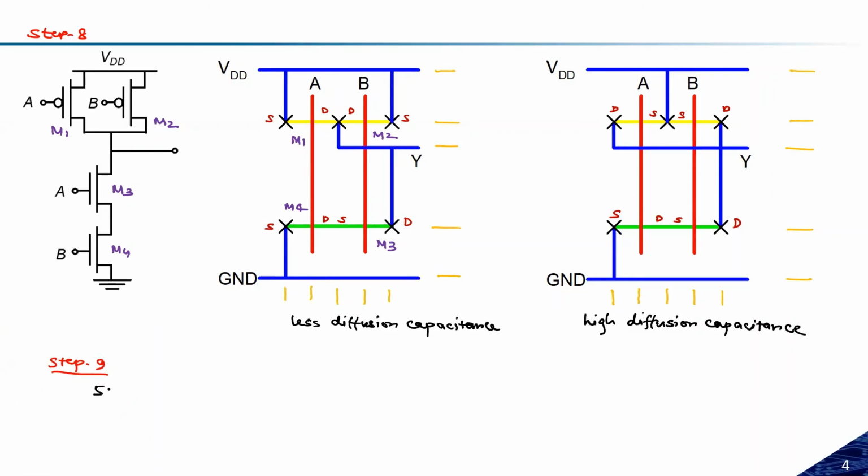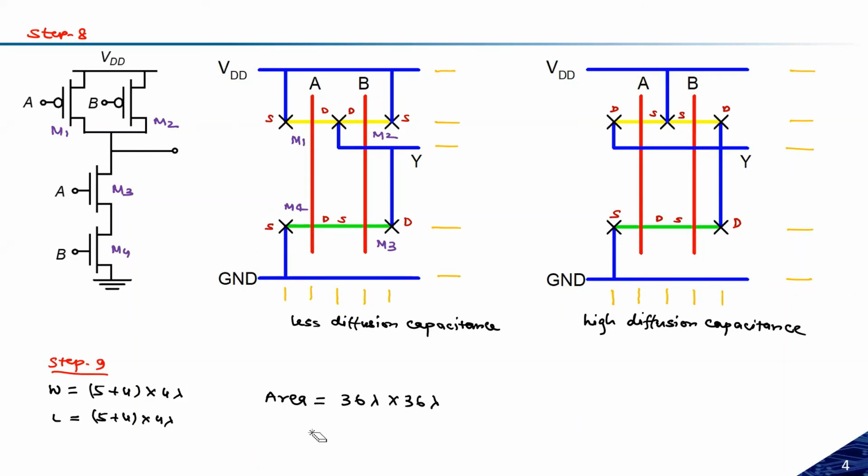So W is equal to 5 plus 4 into 4 lambda, and L is again 5 plus 4 into 4 lambda. So area is equal to 36 lambda into 36 lambda. Okay, so the rest you can calculate, what exactly the value is.